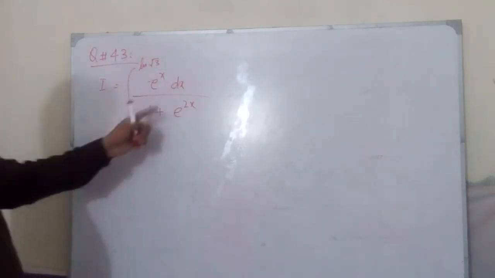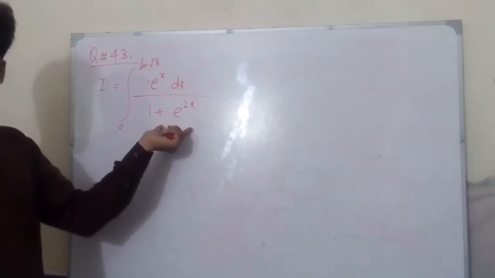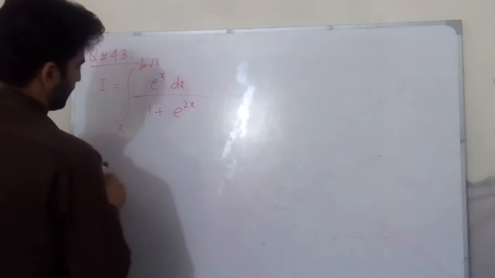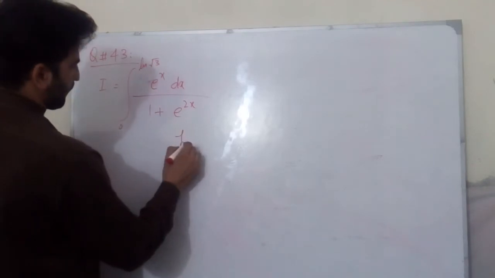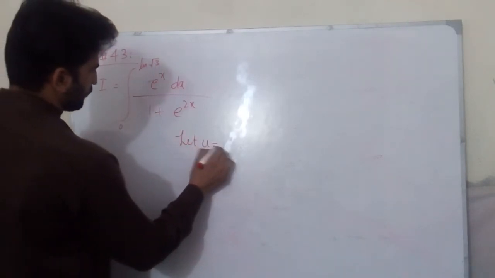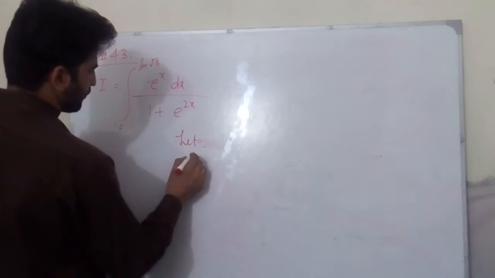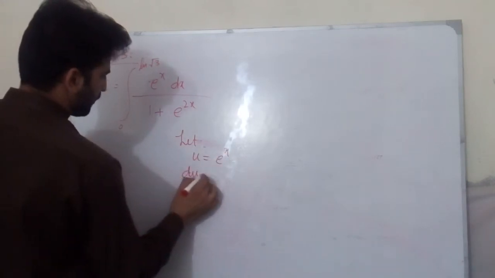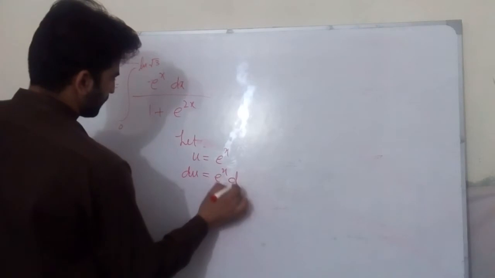Now let this be 1 plus u square like this. So let u equal e power x, and du equals e power x dx.